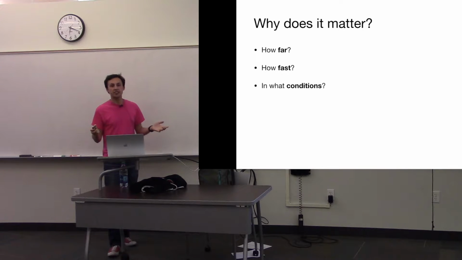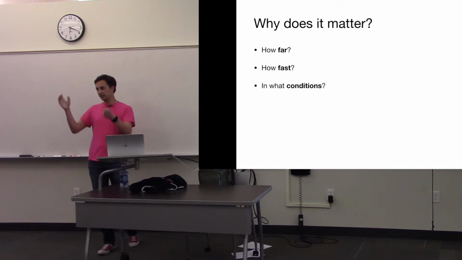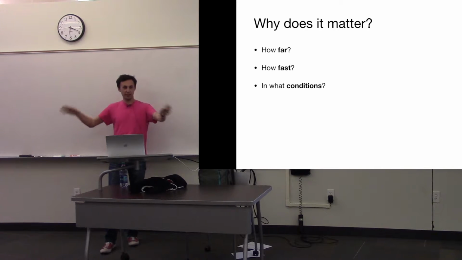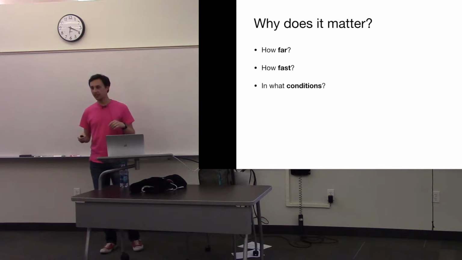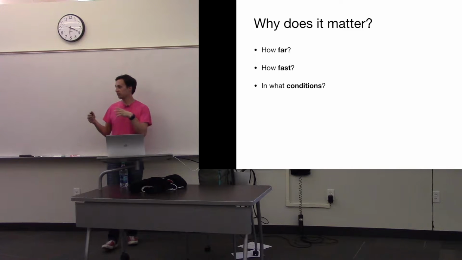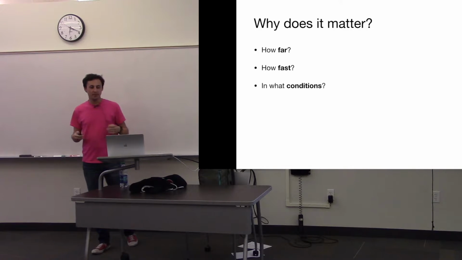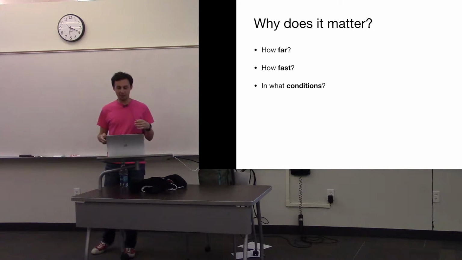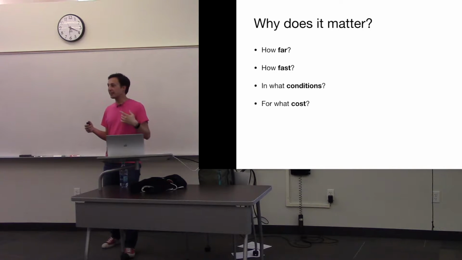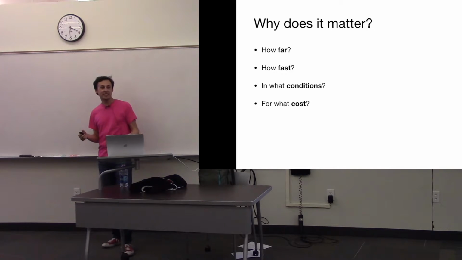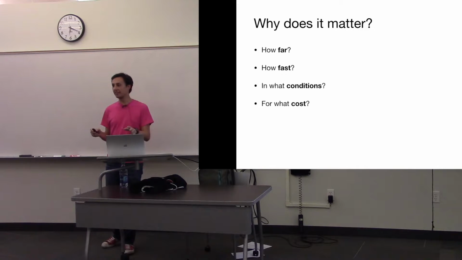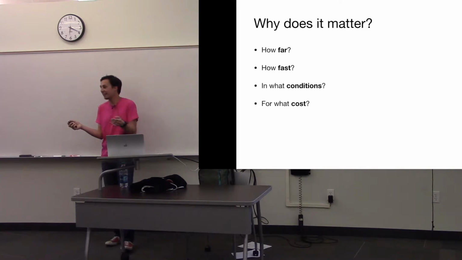Under what conditions do we want this wire to work? Do we want it to work in outer space where there's no magnetic sphere of the planet? Do we want it to work underwater? Do we want it to work in what kind of radio environment? All sorts of stuff that we need to take into account when we're designing the wire. How much is it going to cost to make this wire and install it? Because even if you make the perfect wire, like I said, superconductors, who can afford that?